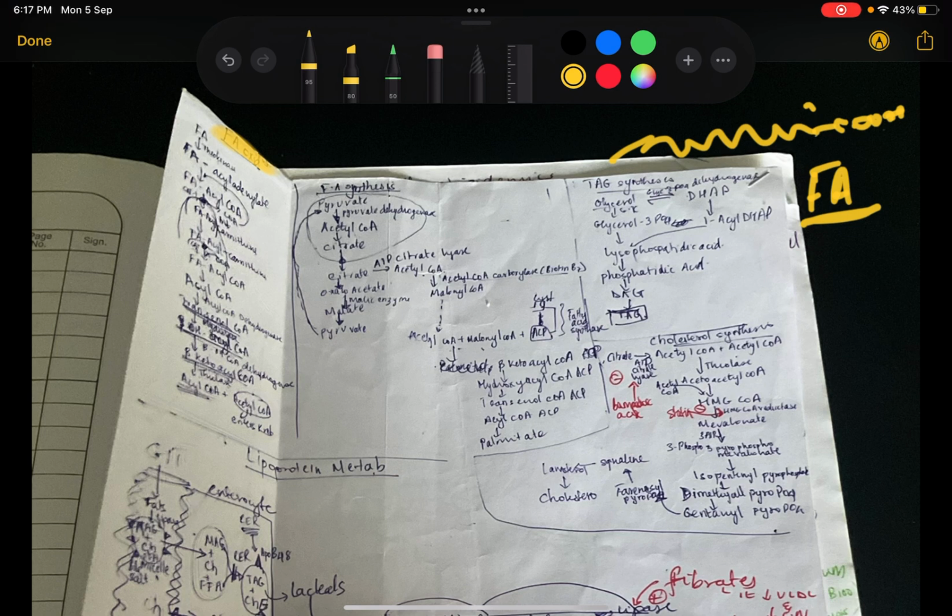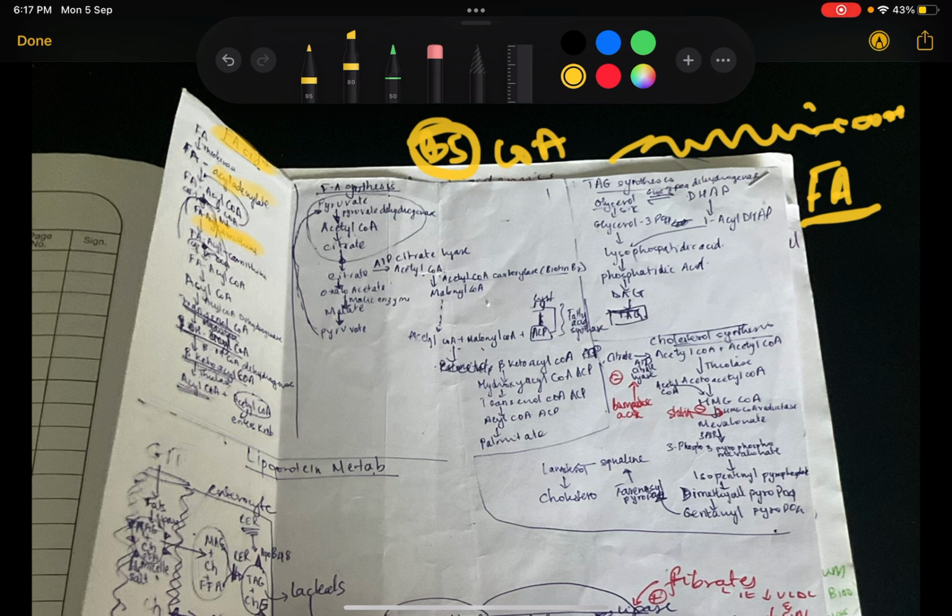Then you will convert it into fatty acyl CoA. What that basically is, is that coenzyme A, which is basically vitamin B5 pantothenic acid, is going to be added to this fatty acyl adenylate, and it is going to be converted into fatty acyl CoA, so that this fatty acyl CoA can now go into the mitochondria with the help of another transporter called fatty acyl carnitine.